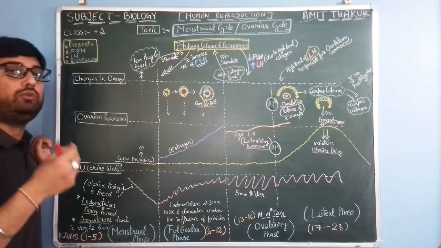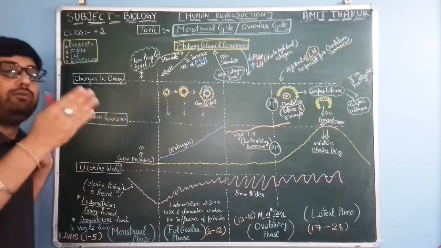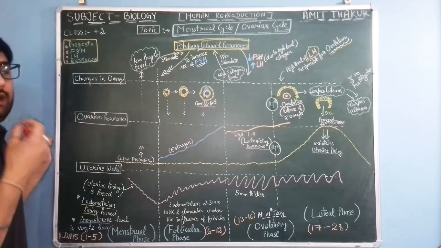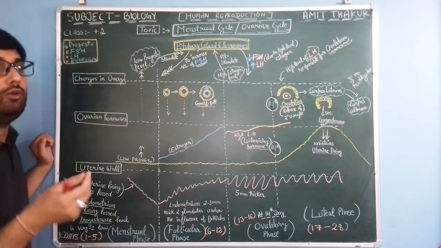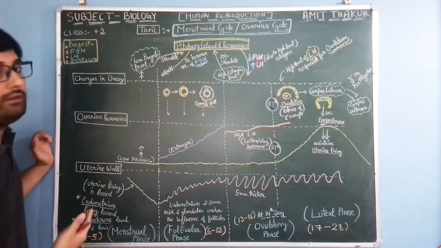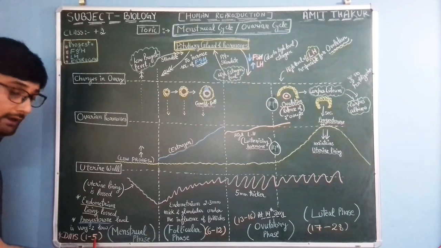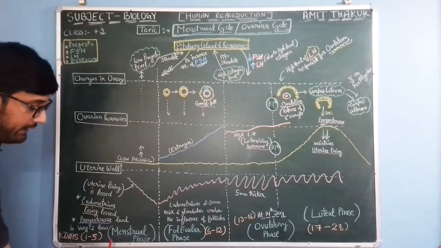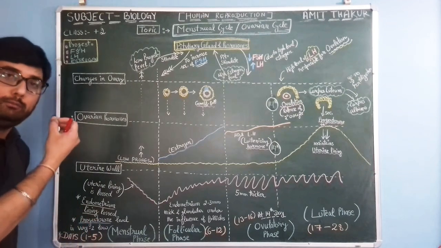So due to the loss of the endometrium lining along with blood vessels, there is vaginal bleeding during the menstrual phase, or you can say the first 5 days of this menstrual cycle. Day 1 to day 5 is the menstrual phase, and it is marked with vaginal bleeding.